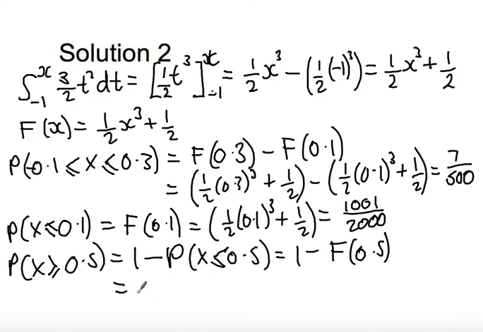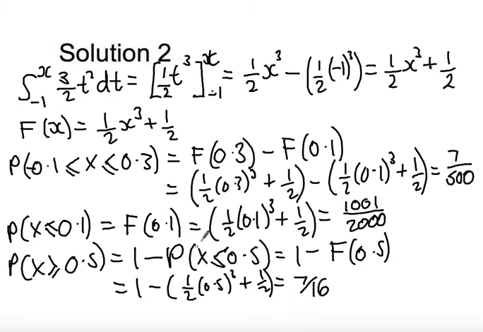And so when I work through this, I get 1 minus a half times 0.5 cubed plus a half. So this then comes out, when you work through it carefully, as 7/16.